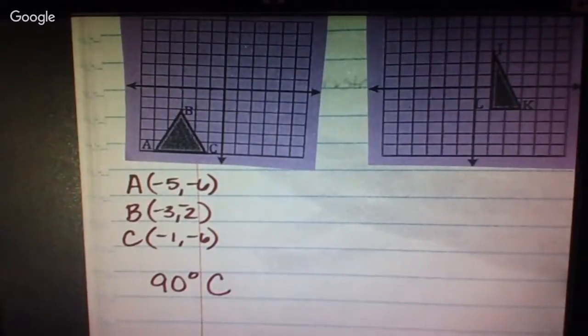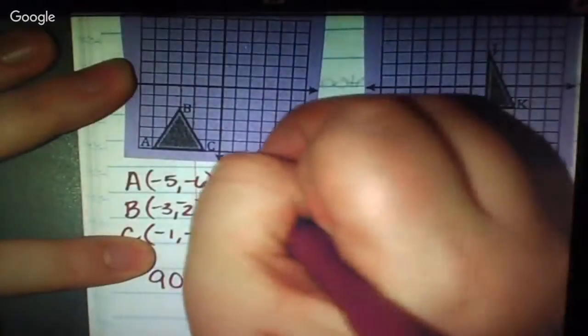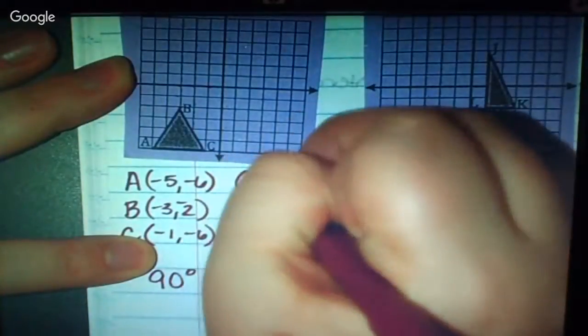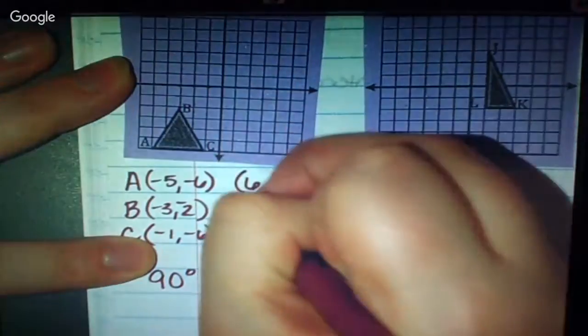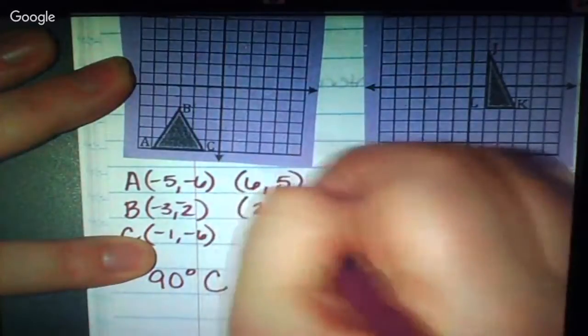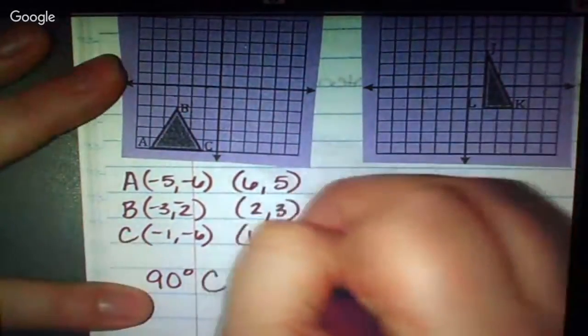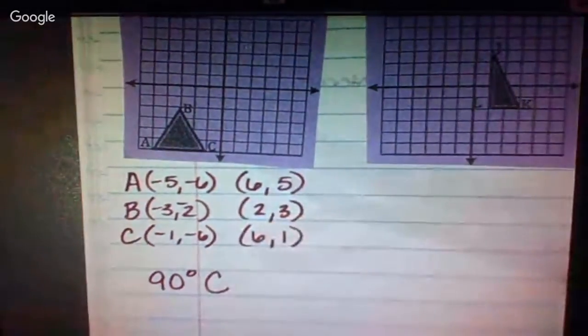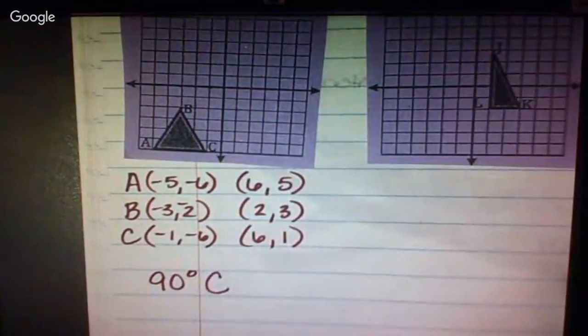So what I mean by that is automatically A becomes 6, 5, B becomes 2, 3, C becomes 6, 1. So 90 and 270, automatically flip the numbers. Don't worry about the signs right now.